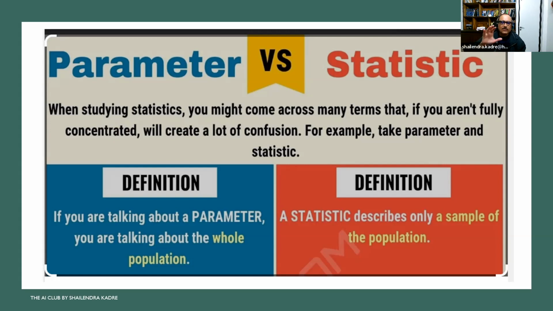So that $7,000 is about the entire India population, $7,000 per person. So is that a statistic or a parameter, guys? It's a parameter, sir. It's a parameter because we are talking about the entire population.